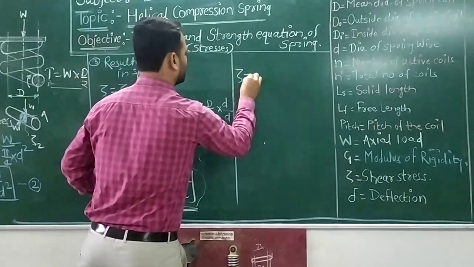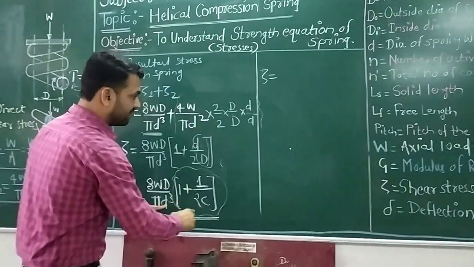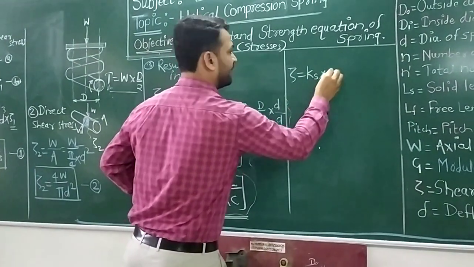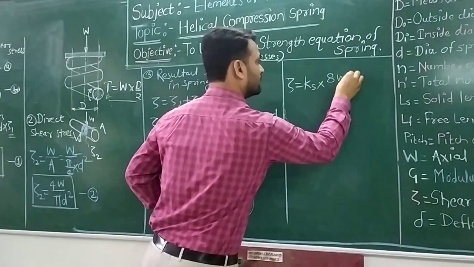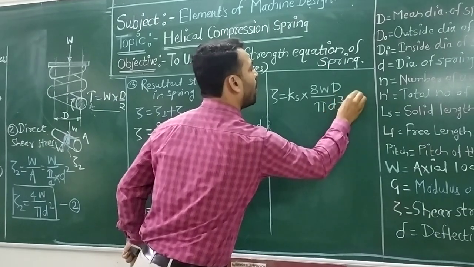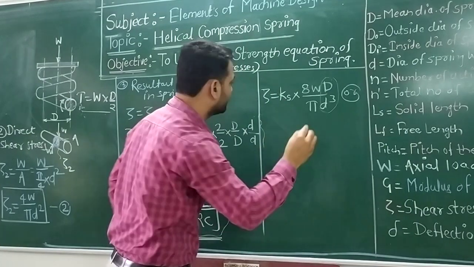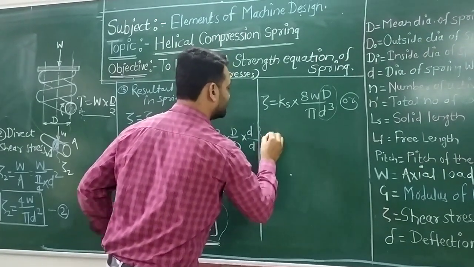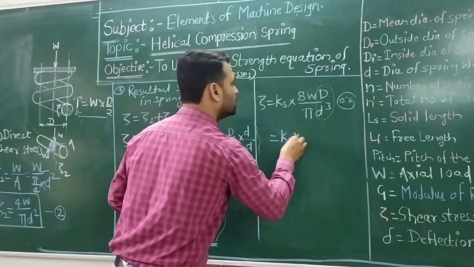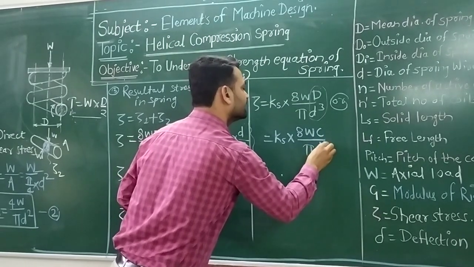Tau will be equal to, this is the final equation, now it's final. This term I can write as Ks, the shear stress factor, multiplied by 8WD divided by pi d cube, or see here, capital D divided by small d is equal to C. So I can write tau will be equal to Ks into 8WC divided by pi d square.